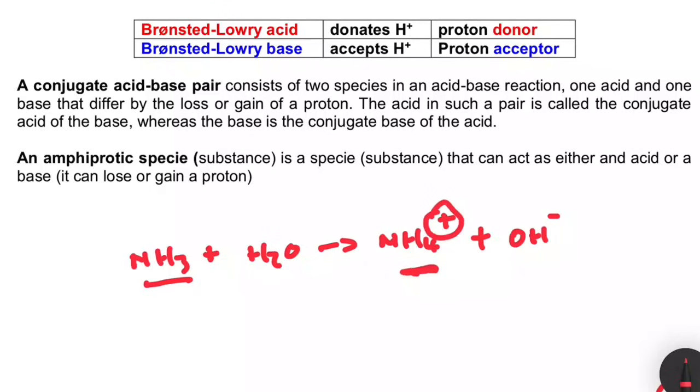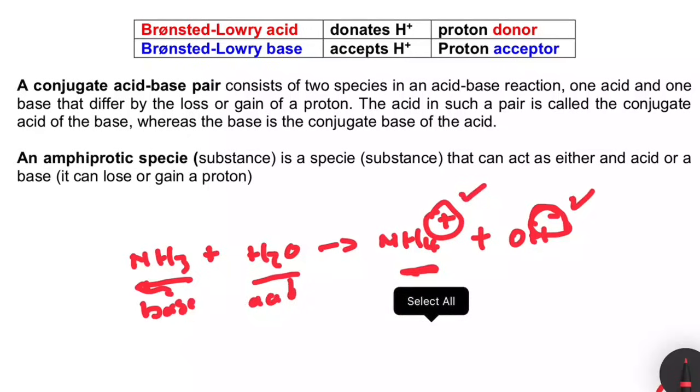It is acting as an acid. And why is that so? Because if we have a base here, H2O will act as an acid, and it has also donated a proton. Right. Okay, so we say that this is a base because it accepts a proton, and then this is an acid because it donates a proton.